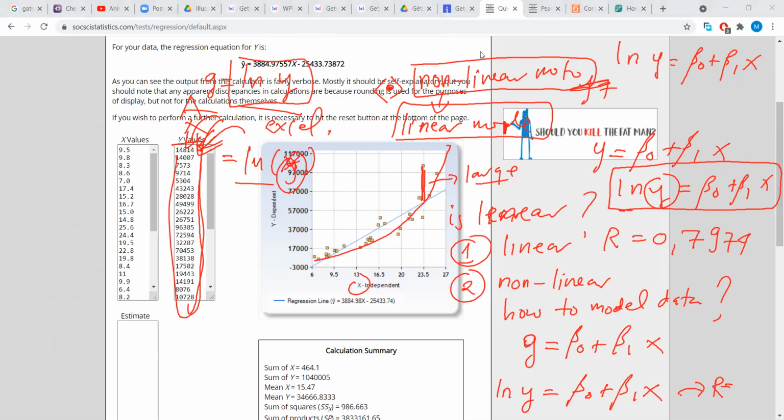We use ln y for non-linear only. Just making sure, that's correct. I mean, just make the operation of ln y if non-linear.